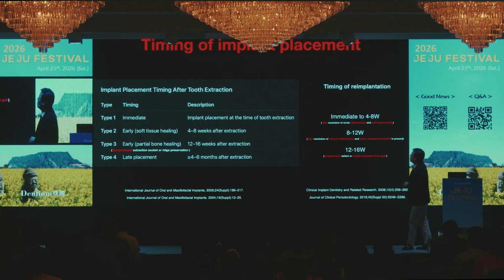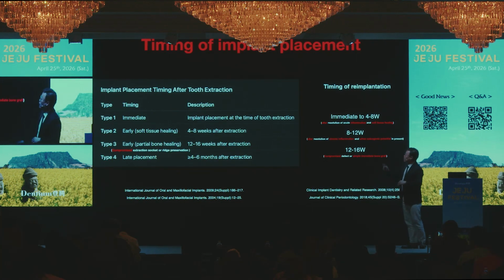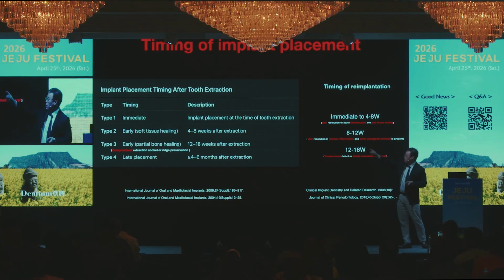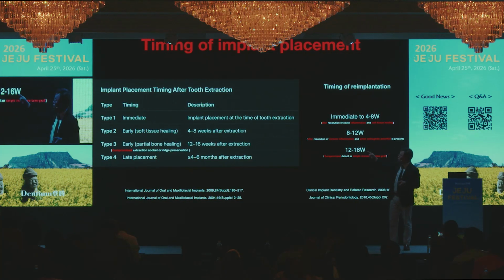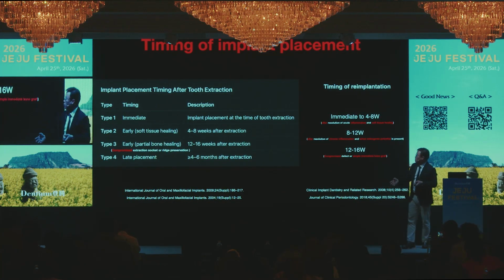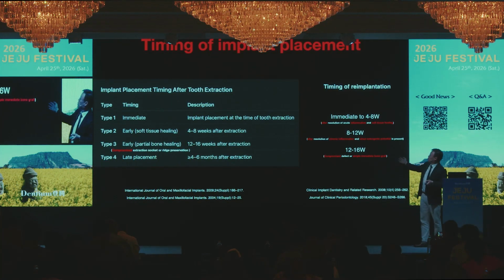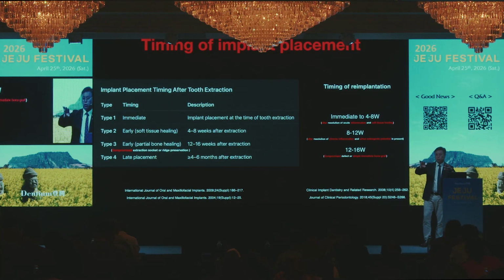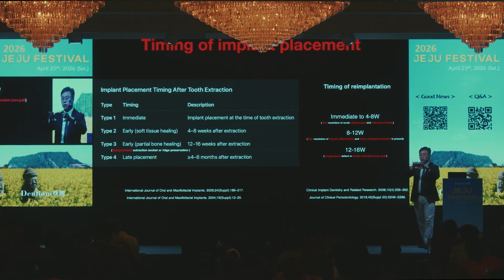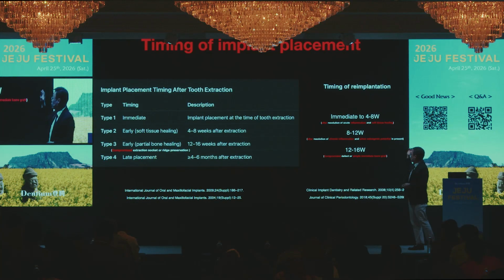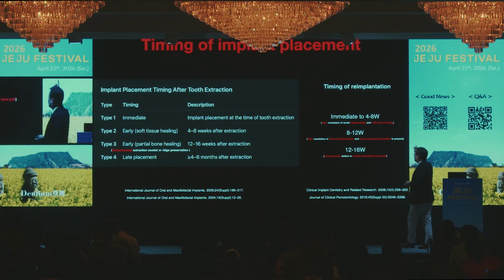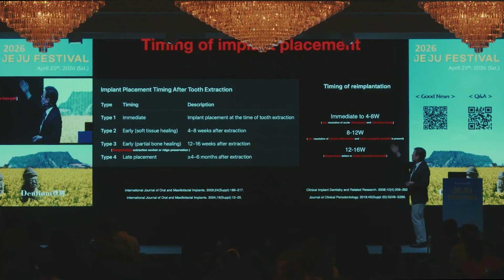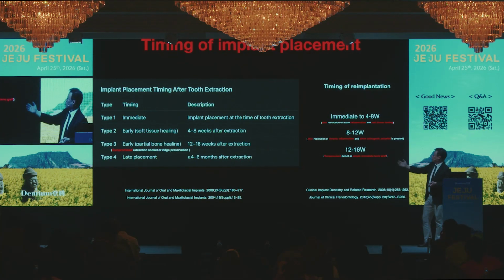So for the timing of the implant after tooth extraction, we classify four categories: immediate, early, or late placement. But the volume change, the dimensional change, is different. Therefore, for the timing of reimplantation, we have to consider immediate, or 8 to 12 weeks, or 12 to 16 weeks.